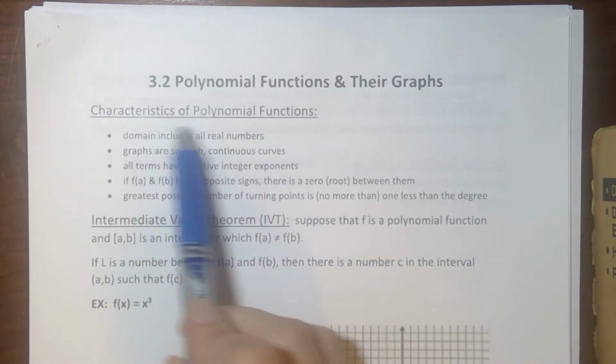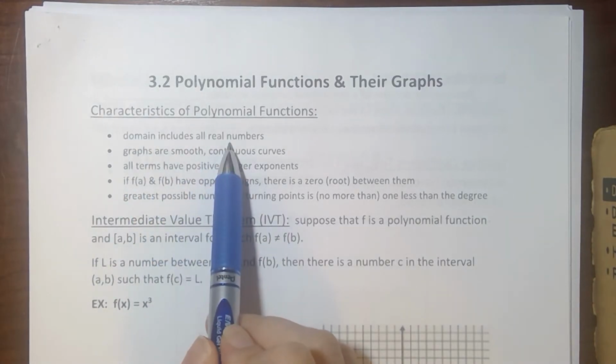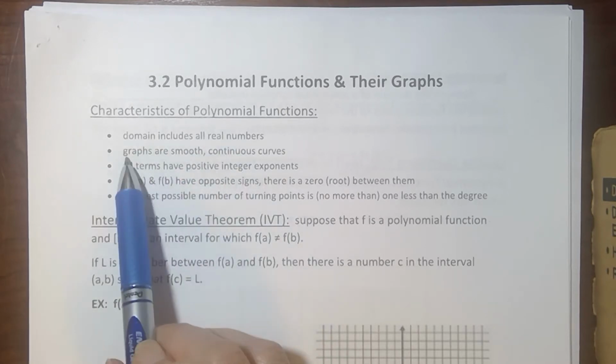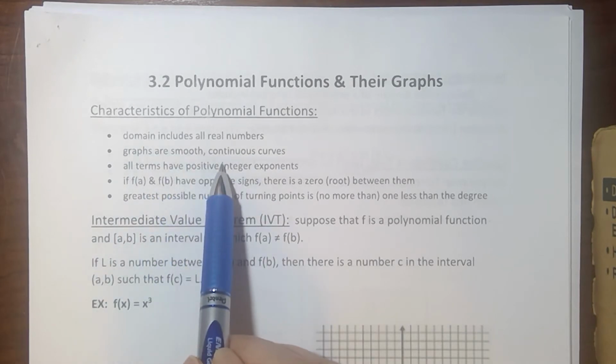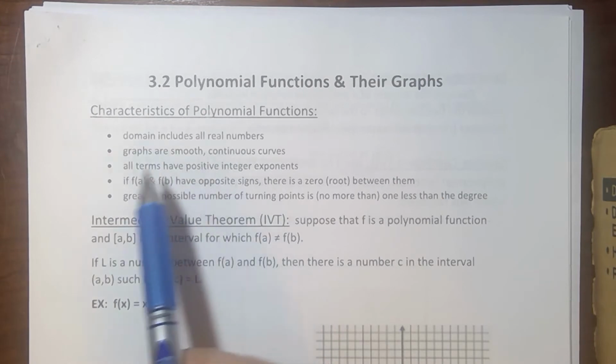All right, characteristics of polynomial functions. For every polynomial function, the domain will include all real numbers. We saw that with our quadratic function. No matter where the parabola falls, domain is all real numbers. Our graphs are smooth, continuous curves. No breaks, no sharp corners, no gaps.